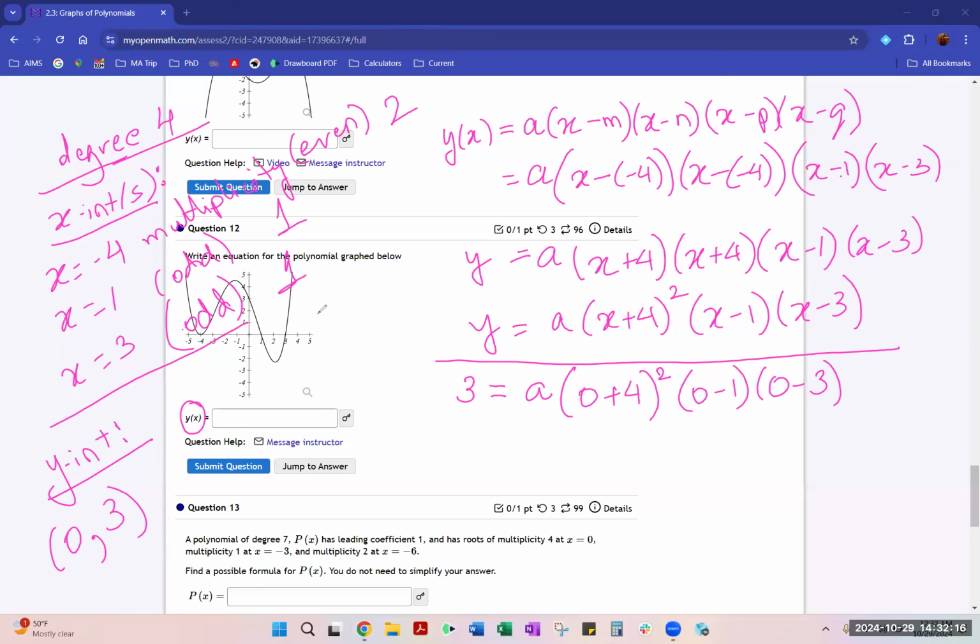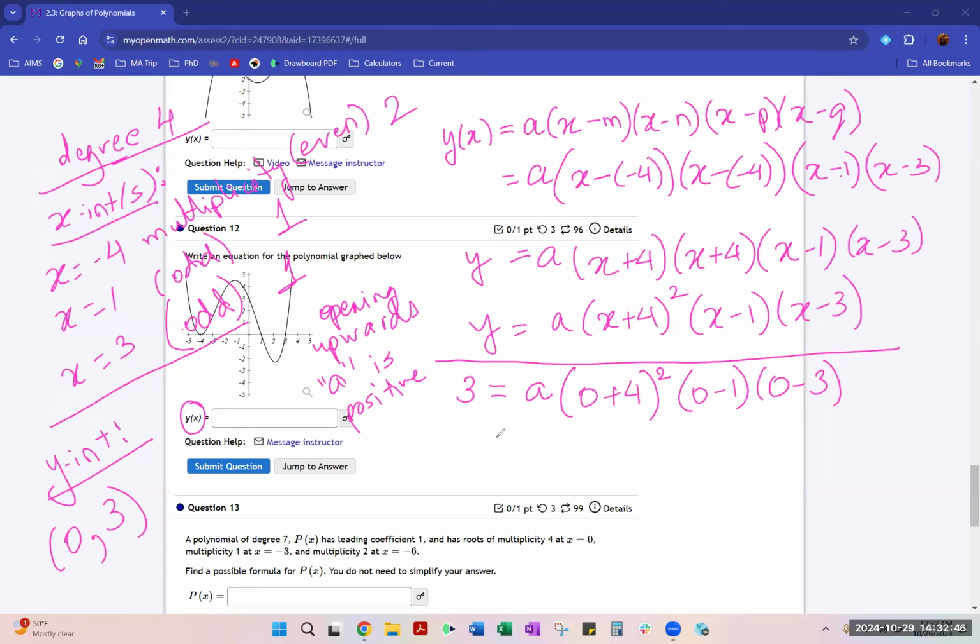So because the graph is opening upwards, a is going to be positive. If the graph was opening downwards, then your a value would have a negative in front of it. So the opening of the graph is also going to make a difference. So we don't really need to change anything since we know the graph is opening upwards, which means the sign in front of the a value is going to be positive.